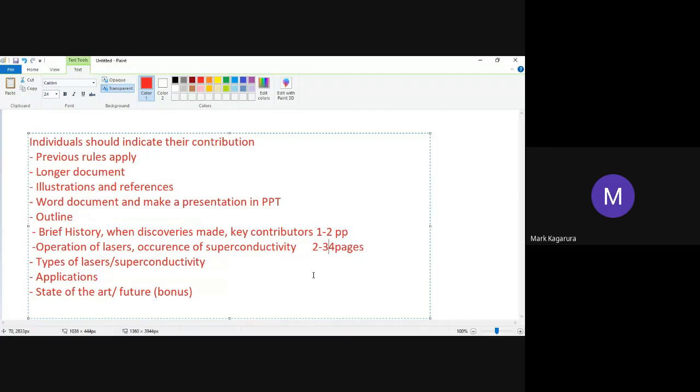Yeah, so this is typical about the assignment. So 2 to 3 pages. It's not part of the lecture. Types of lasers, superconductivity, you should be guided, but less than 10. You don't want a copy and paste.